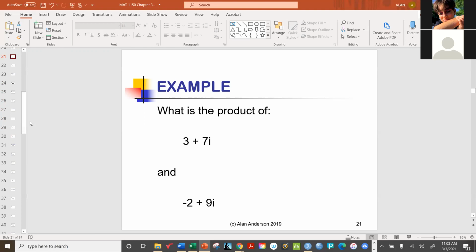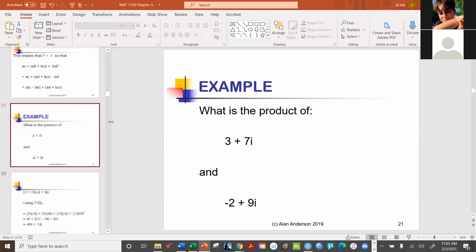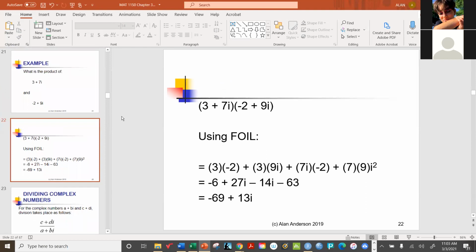All right, I think you should be ready by now. So we're going to use FOIL. Oh, somebody did get it. That's right, 13i minus 69, perfect.